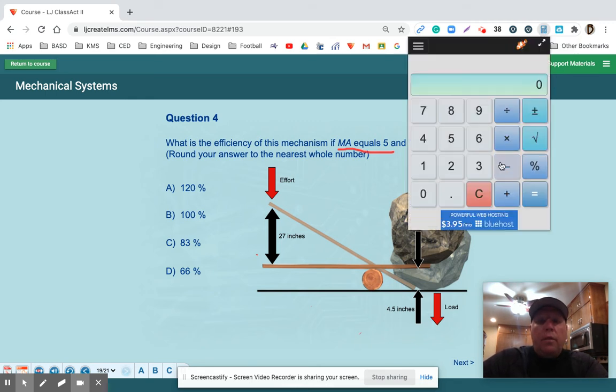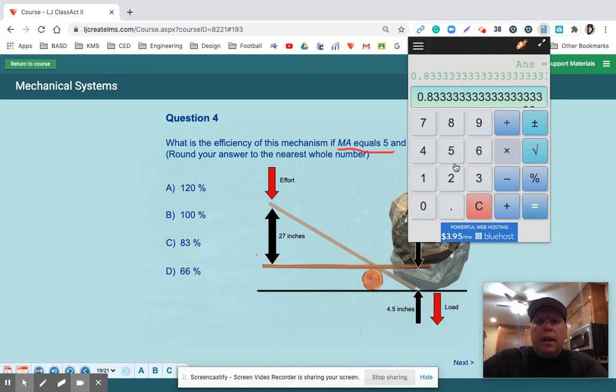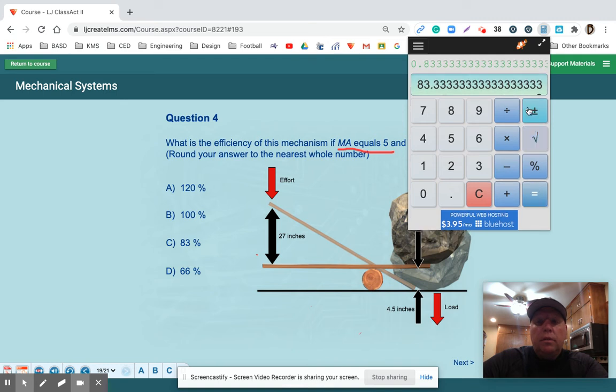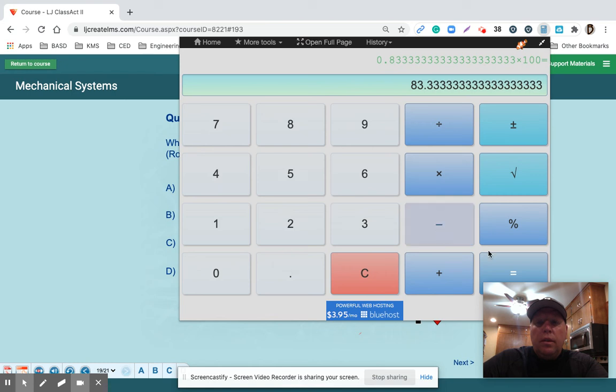Okay, let me walk you through the problem here. 5 divided by 6 equals, times 100, equals. All right, so I would not need to round that number up. It would just stay at 83.